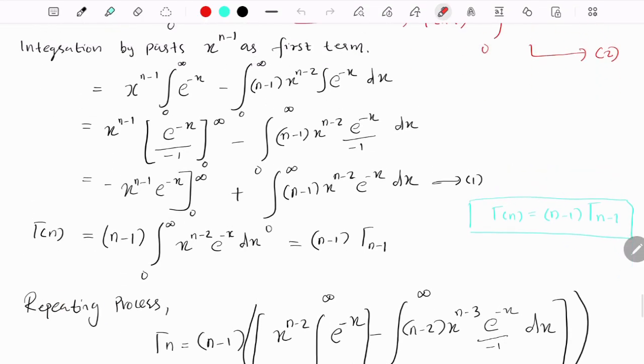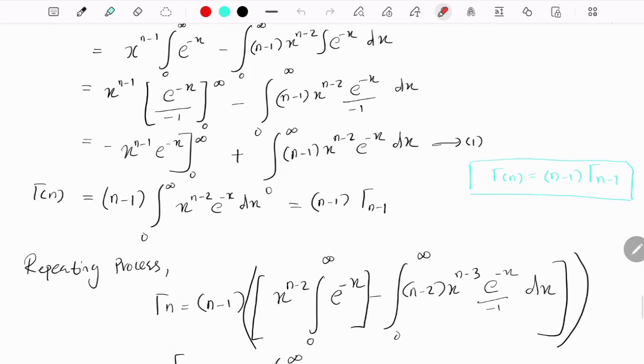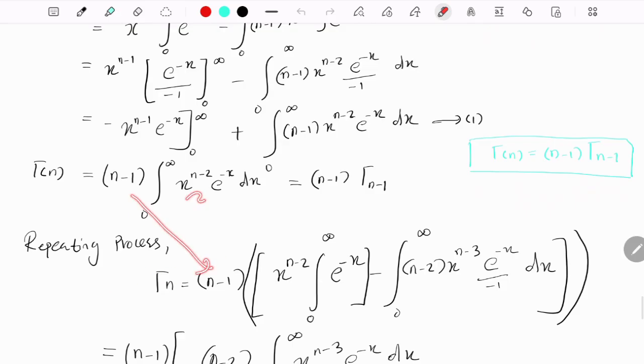We are integrating again using integration by parts. So gamma of n is equal to n minus 1. Then here, integrating, this is a first function and this is a second function. So in the integral, taking according to the rule.